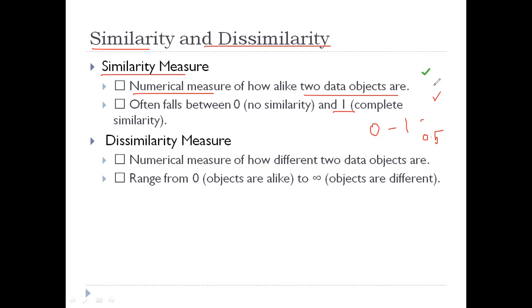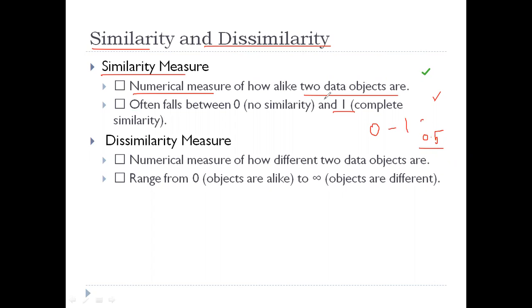Why? Because this is a tick mark and this is also a tick mark; the symbols are the same, but the colors are different. That's why I would represent it by using 0.5.